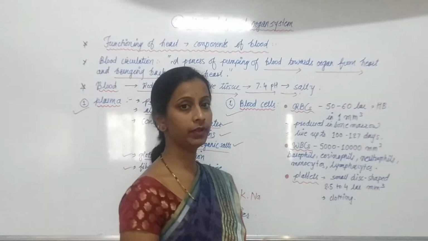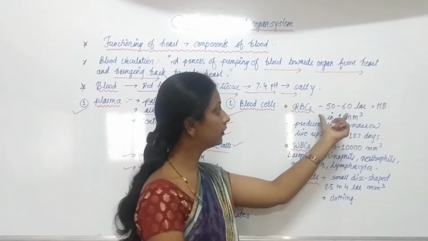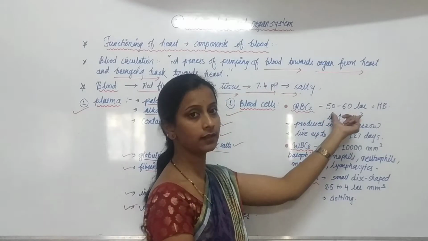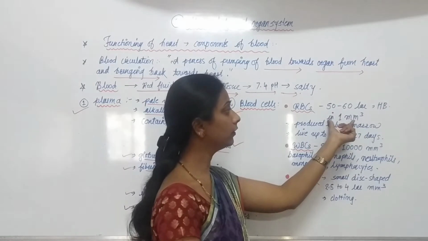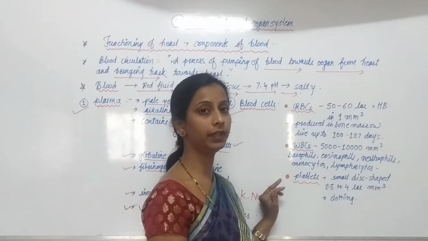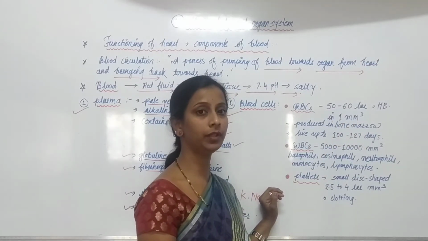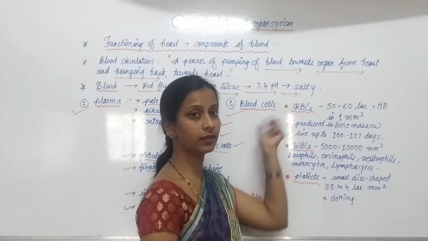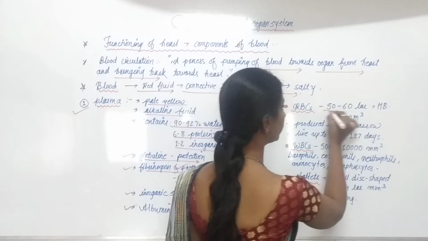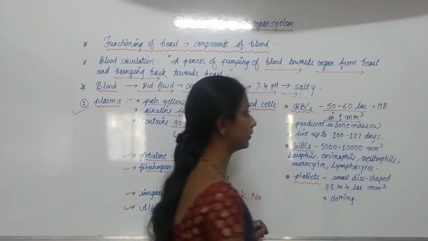So RBCs are present in number 50 to 60 lakhs per cubic millimeter of blood. Okay, so this is the number of RBCs.